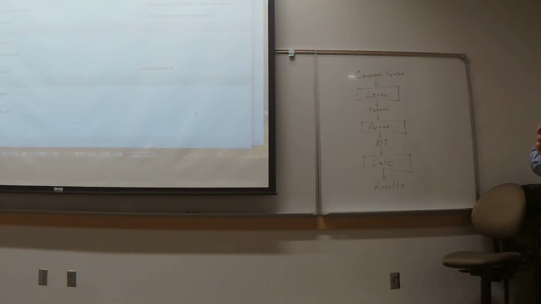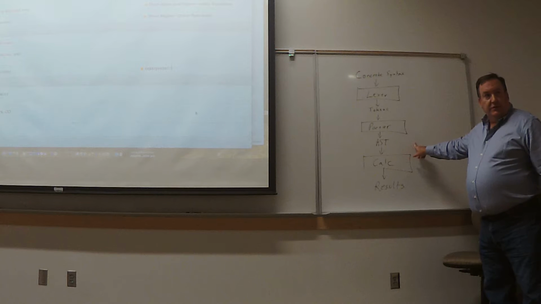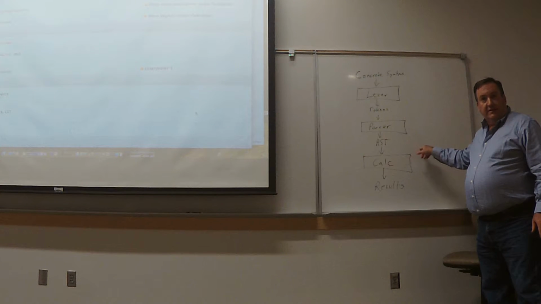Which possible production could it be by looking at the first or the second token, depending on how far lookahead you want to go? We're trying to design ours so you can just look at the very next token and know what you're looking at. The job of the parser then is to produce abstract syntax.